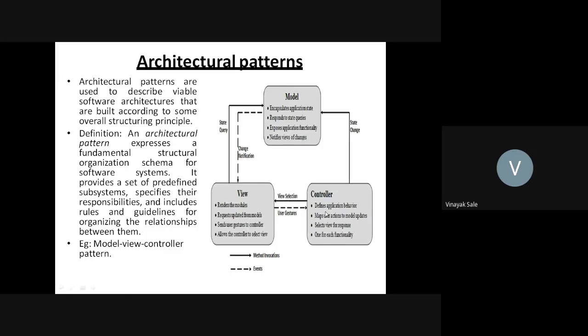Whenever you are doing mini or mega projects or any projects, there are three parts: model, controller, and view. The model encapsulates the application state, responds to state queries, exposes application functionality, and notifies views of changes.